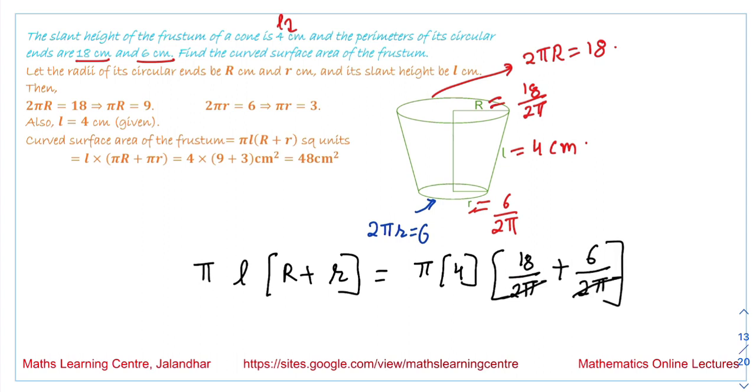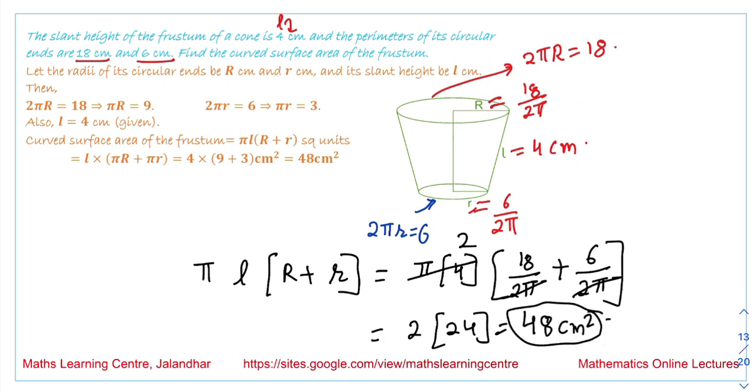So this 2 pi and this pi get cancelled, we are left with 2. So the answer we get is 2 into 24, so that is equal to 48 centimeter square. So we are saying that the curved surface area of the frustum of cone is 48 centimeter square.